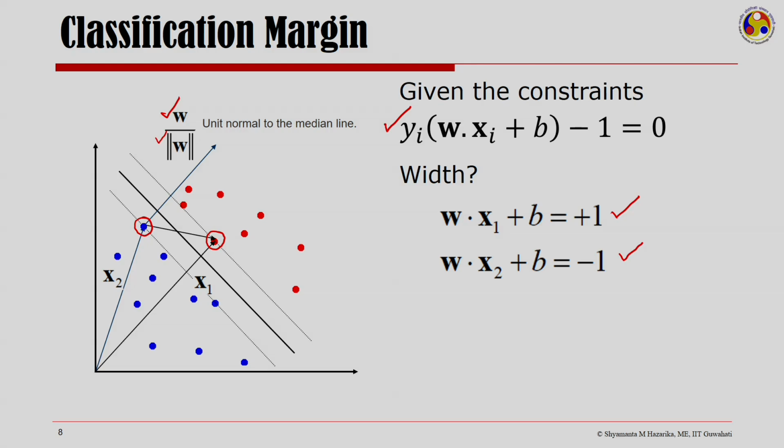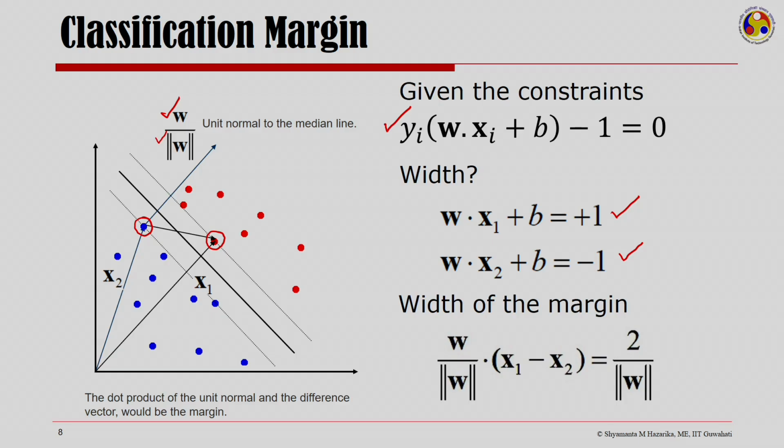Now, if I take the difference x1 minus x2 and take the dot product with the unit normal, what I have is the length in this direction. So, basically I have the width of the margin.